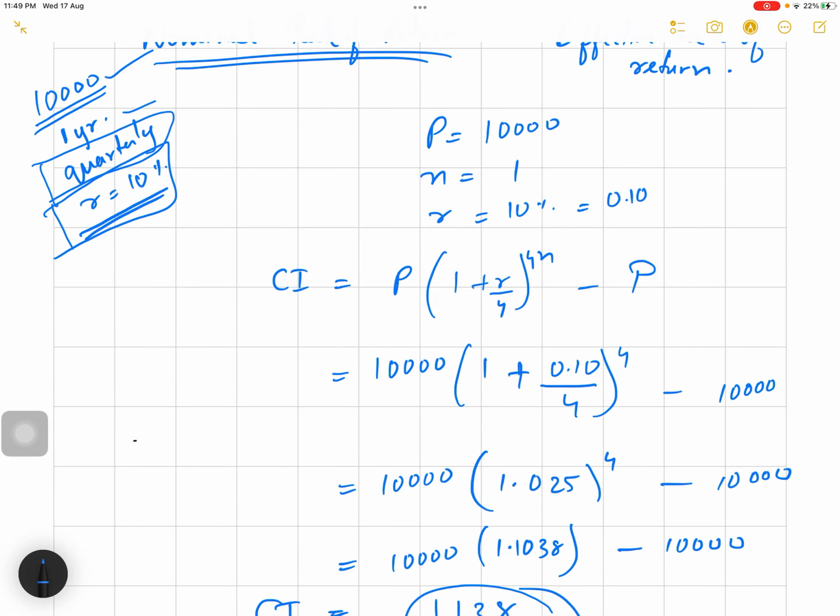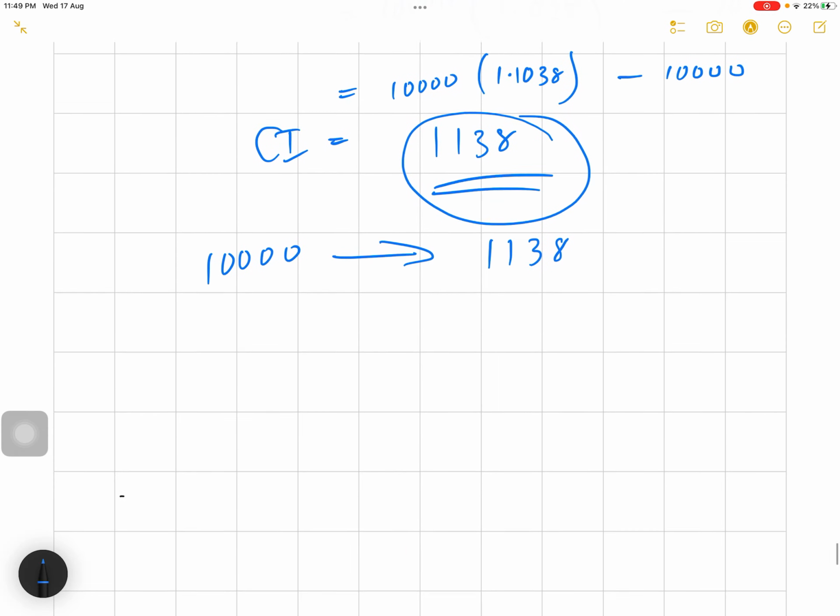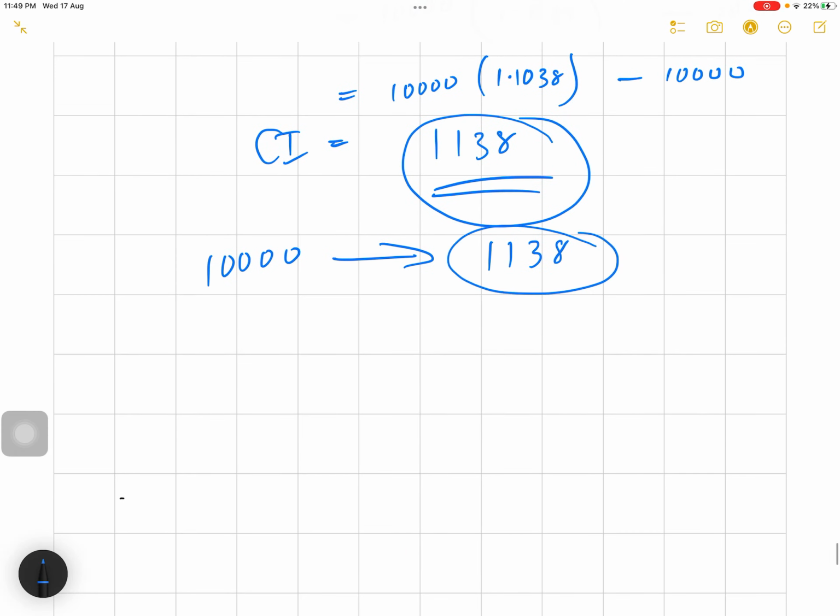When I invest 10,000 for 1 year, rate of interest is 10%, but because compounding is done quarterly, I am earning 1038. What percentage am I earning?